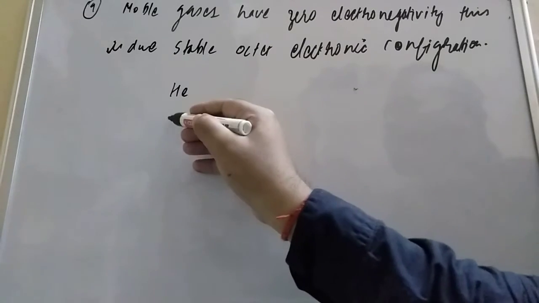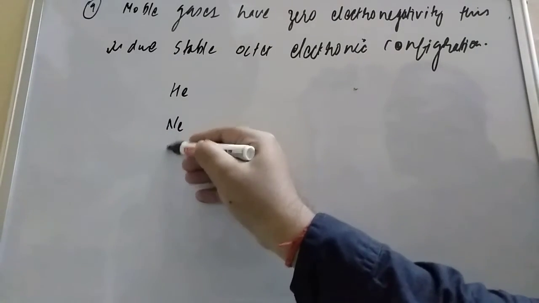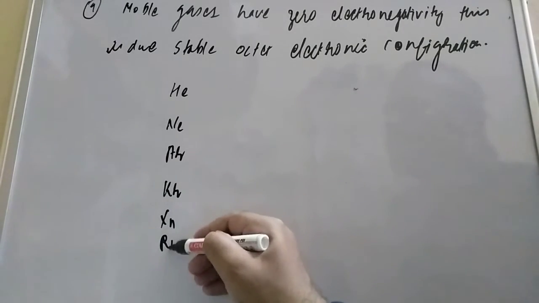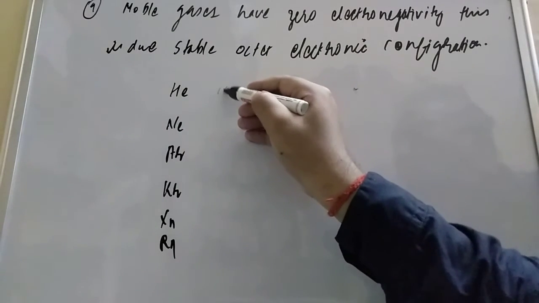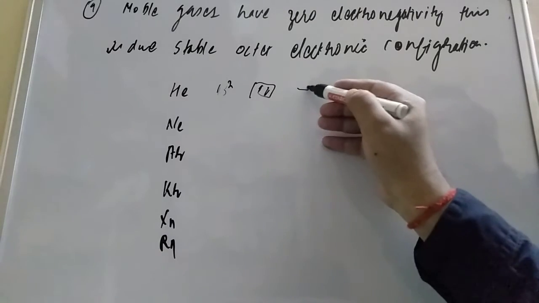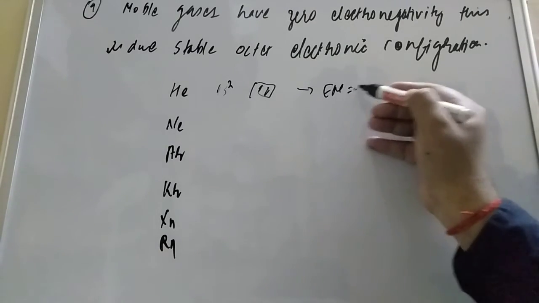Suppose you talk about helium, neon, argon, krypton, xenon and Rn. Helium has the stable electronic configuration 1s2, a completely filled orbital, so electronegativity will be 0.